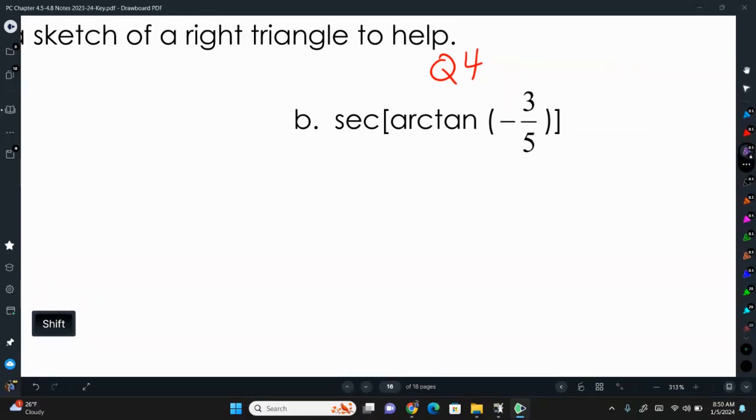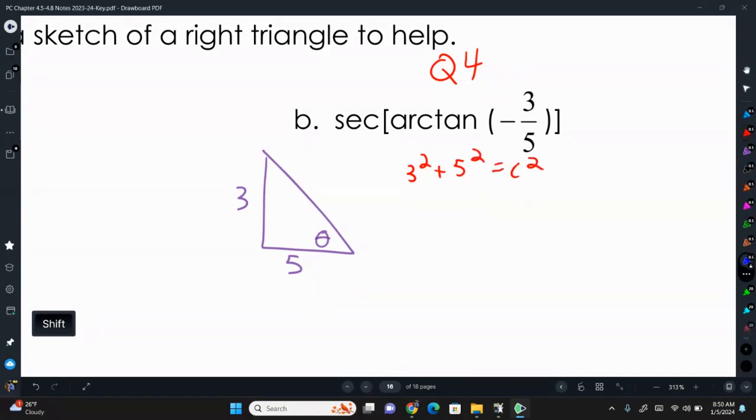So then we're going to draw our triangle, and tangent is the opposite over adjacent. So then we'll do 3 squared plus 5 squared equals c squared. So we get 34 is equal to c squared. C is equal to square root of 34. And we can't simplify that.